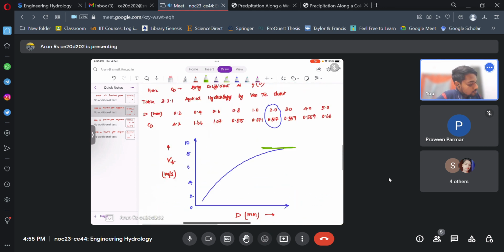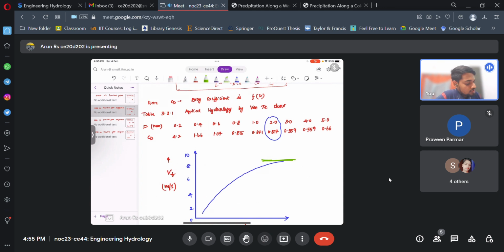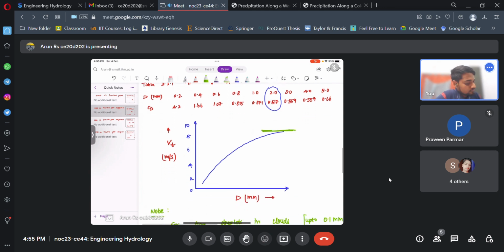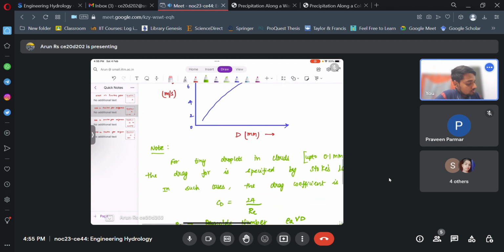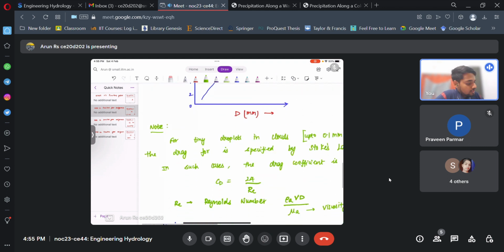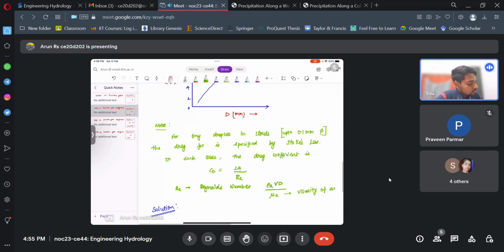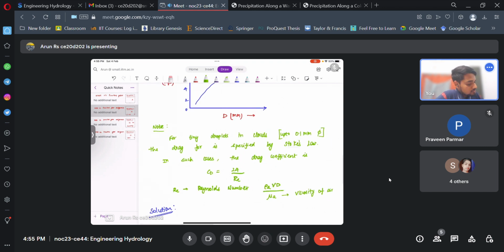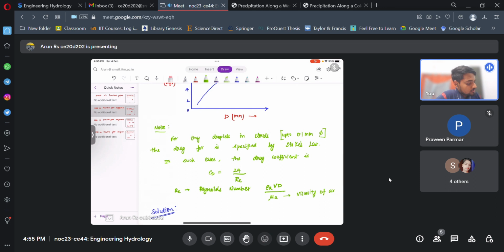Suppose you want to find out the coefficient of drag for the droplets which are less than 0.1 mm, then what will you do? For diameters less than 0.1 mm, these are very tiny droplets present inside the clouds. They are not yet completely grown. They are still very small.